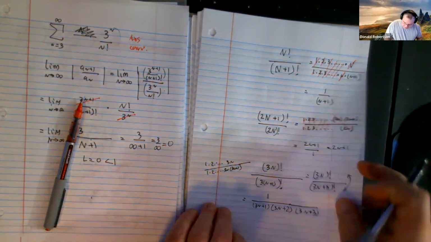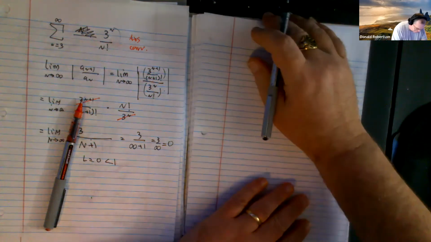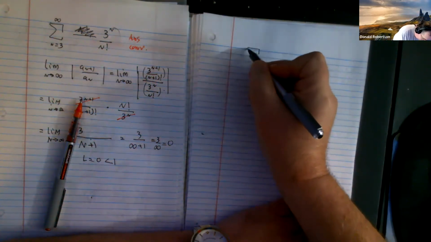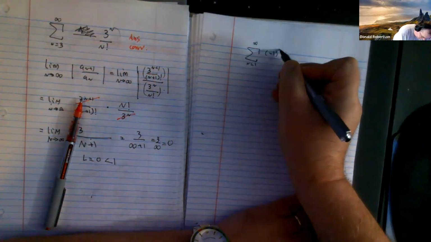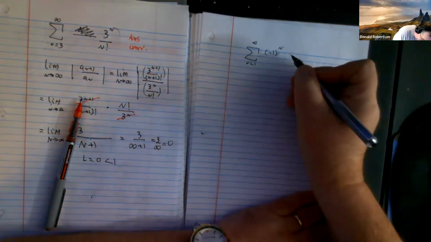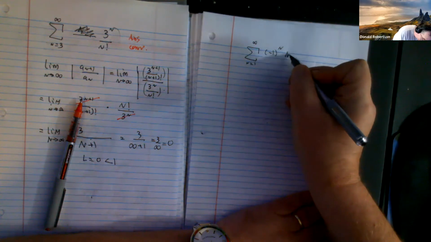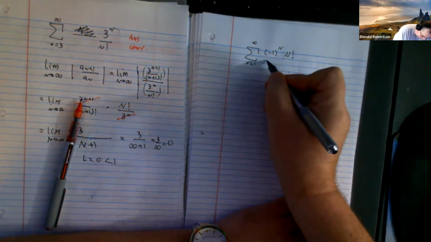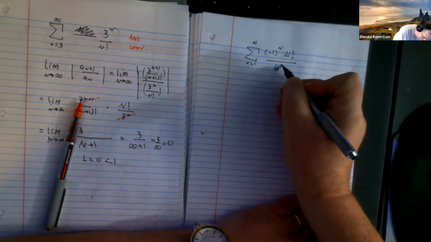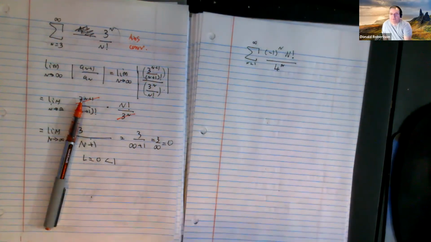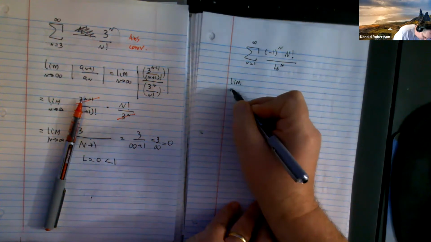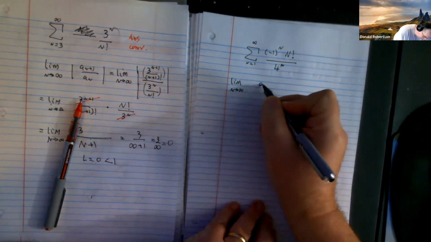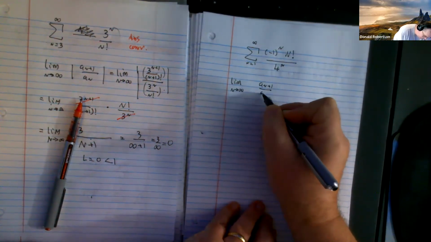Well, let's show you a divergent, because divergence happens. Let's do sigma n equals 1 to infinity. Put in one of those guys, put in a factorial, and put in that guy. So we're going to do the limit as n tends to infinity of a n plus 1 over a n.